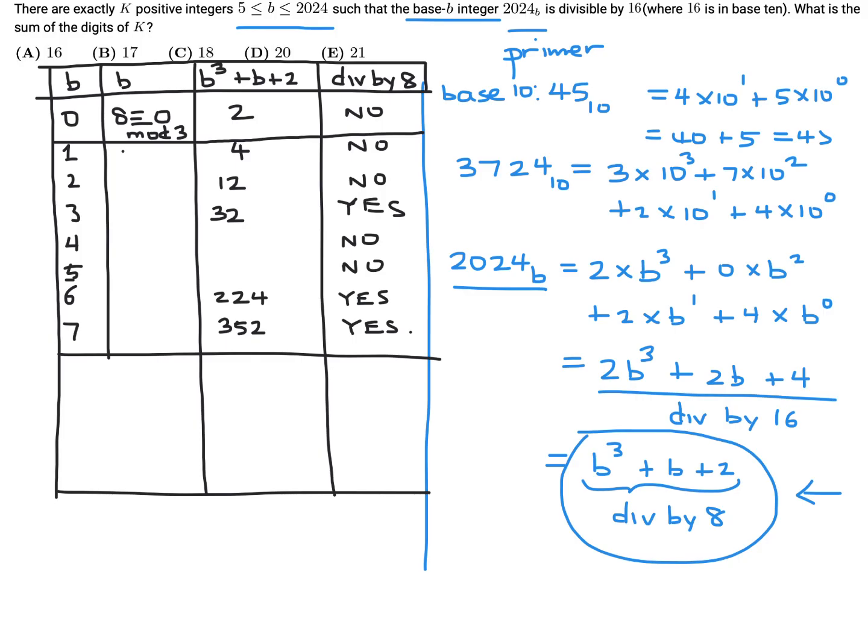Same thing if b equals 9, this is the same as 1 mod 3, so it would have the same result. And if it's 10, it would be the same as 2 mod 3. You see what I'm saying? 11 would be the same as 3 mod 3.